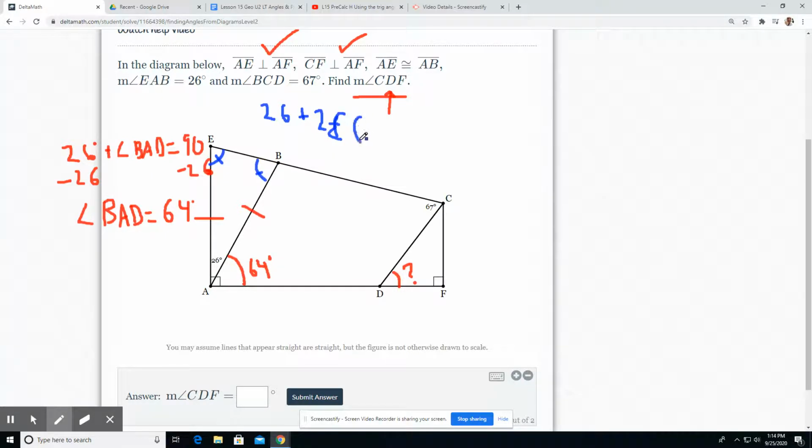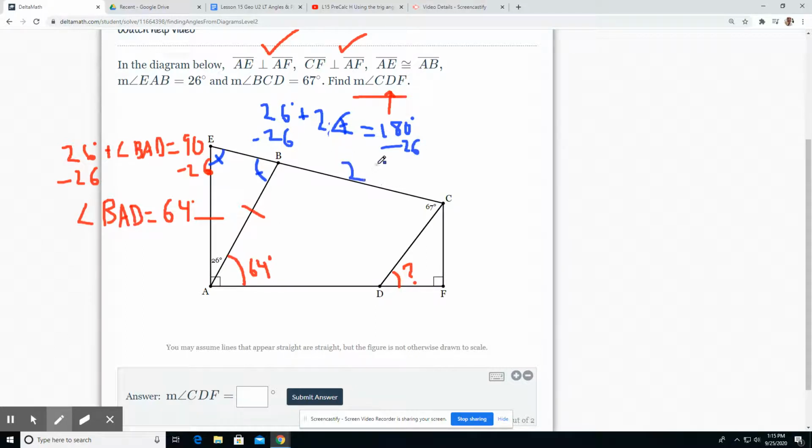So it's the angle with one hashtag. 26 degrees plus 2 of the angles with one hashtag have to equal 180 degrees. Minus 26.